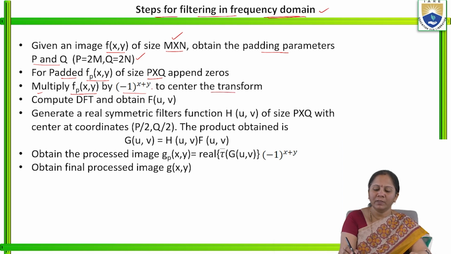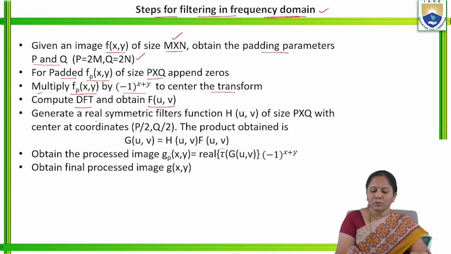Because if we multiply fp of x comma y with minus 1 power x plus y, the shifting operation will be performed. Next we perform the discrete Fourier transform on the image fp of x comma y. The output we get after performing DFT is considered as F of u comma v.